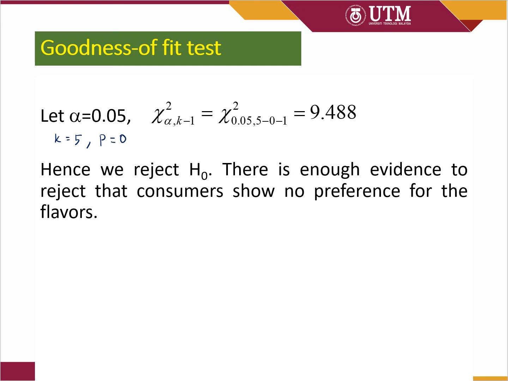So we find 5 minus 0 minus 1, which gives a critical value of 9.488. From our calculation, chi-square equals 18, which is greater than the critical value 9.488, so we reject H0. There is enough evidence to reject that the consumers show no preference for the flavors.